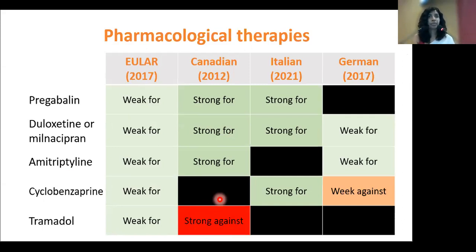There are problems of dependency, and the efficacy is quite low. But others, tricyclic antidepressants, SNRIs like duloxetine, and antiepileptics, pregabalin and gabapentin, if you can't get a hold of pregabalin, are actually very good choices for patients with centralized pain.